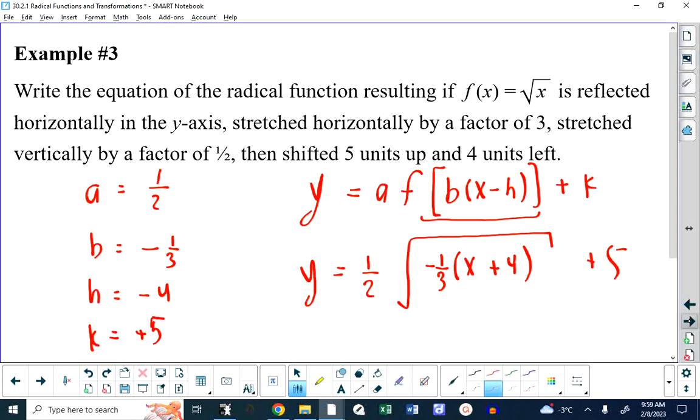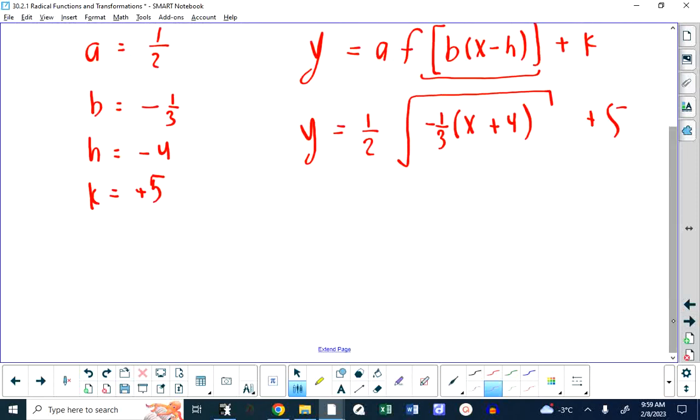Any questions with that final example? Listen, I'll give you a numerical response situation. You're told that y is equal to 1/2 root negative 1/3 x minus c plus 5, and asked for the value of c in decimal form.